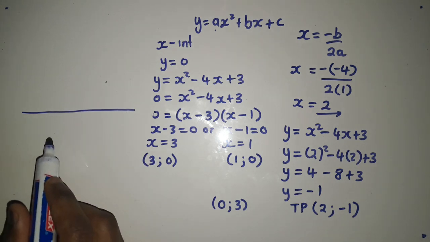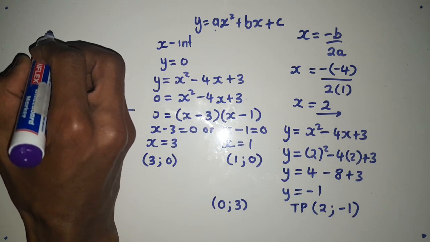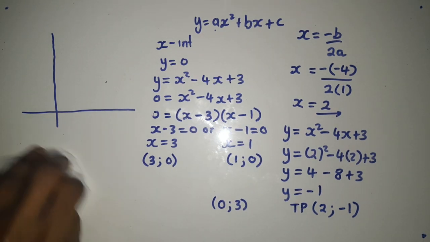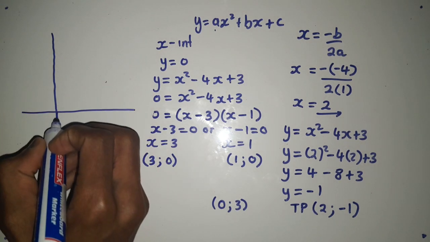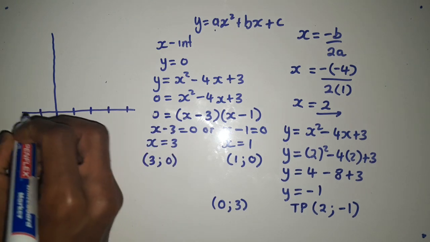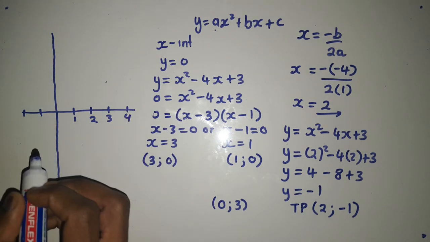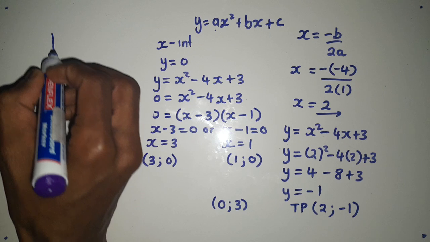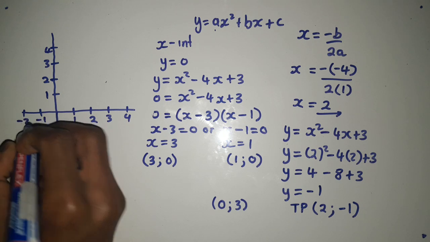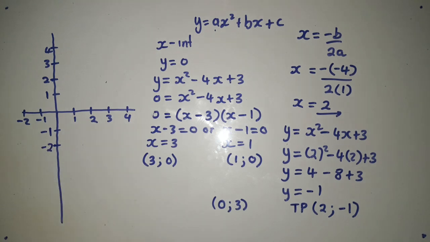Okay, then we have something like this. Say we have 1, 2, 3, 4 and -1, -2 on the axes, and 1, 2, 3, 4 and -1, -2 on the other axis.